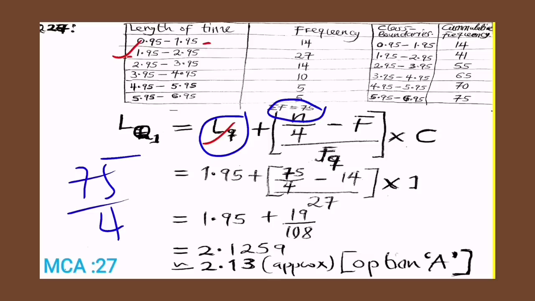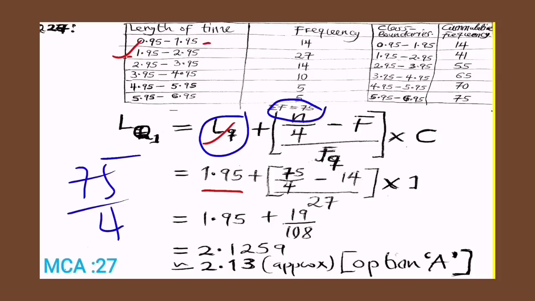So the class boundary for the original question, the length of time, is going to be the same, so it won't change. That's why we had that 1.95. So that is the lower class boundary of the quartile class.